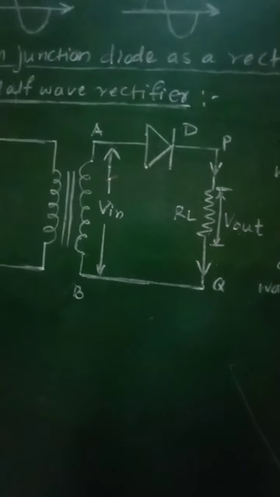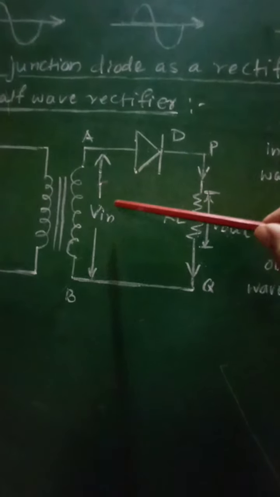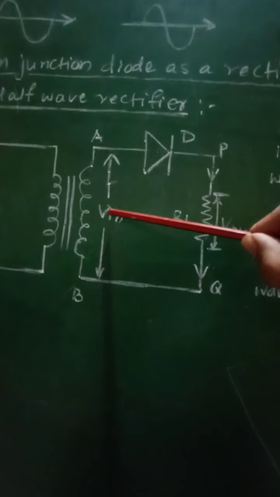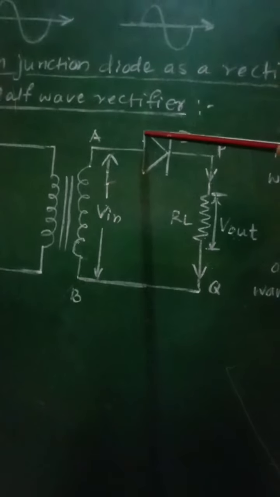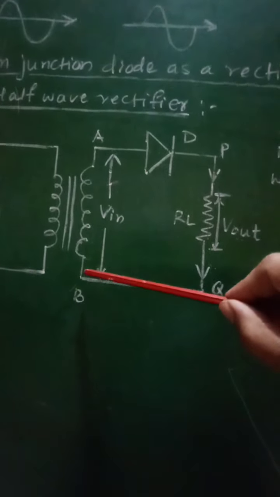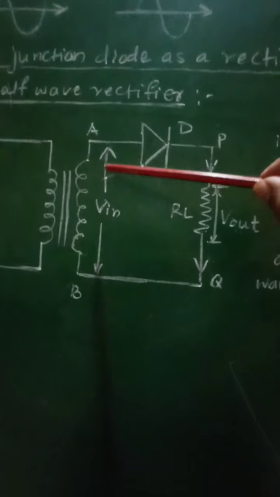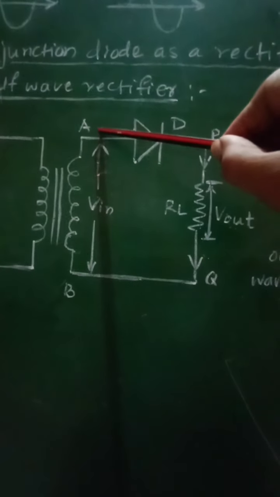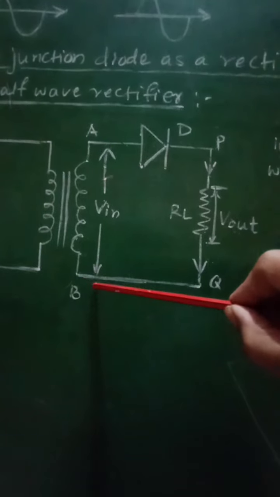On the other hand, when the negative half cycle begins, the voltage at point A is at lower potential with respect to point B. So during the negative half cycle, A will become negative, B will become positive.